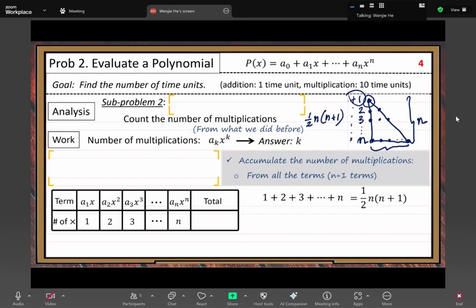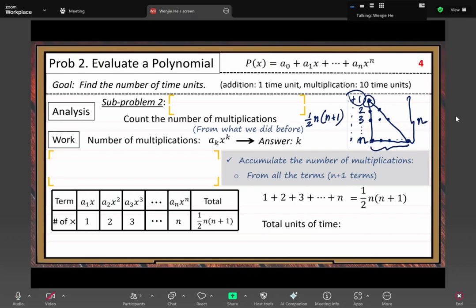With that formula, you can memorize the summation formula easily. So we find the final answer. We finish our second subproblem, counting the number of multiplications.